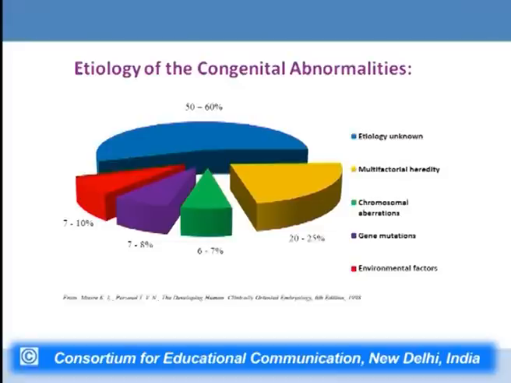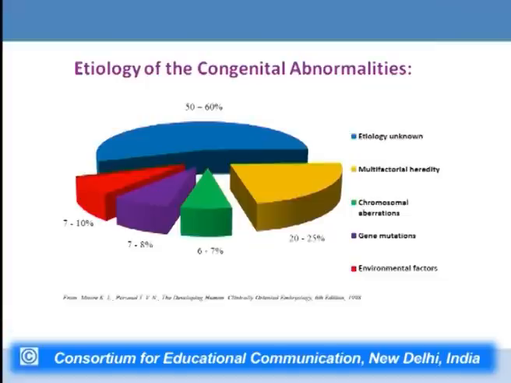About the etiology or the origin of 50 to 60% of the abnormalities is not known. 20 to 25% of abnormalities are because of multifactorial heredity. That means a number of factors are taking part in the creation of such abnormality, from genetic factors to environmental factors, all are taking part.